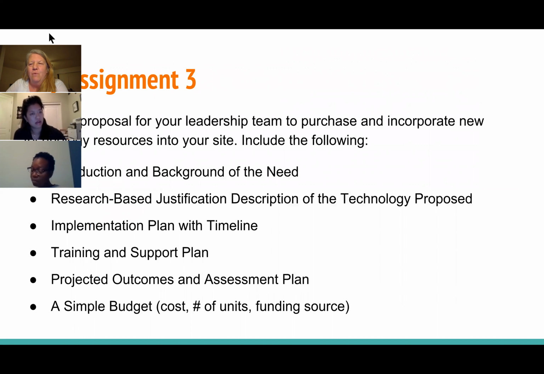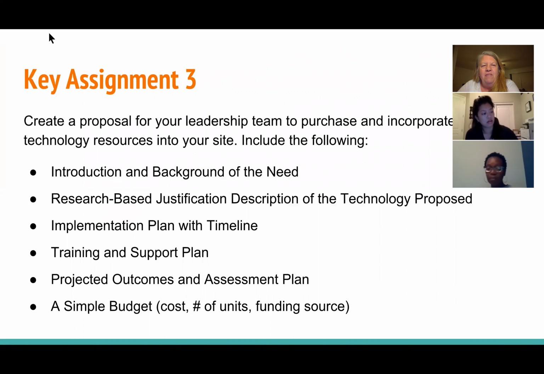Okay, assignment. I wanted to go over real quick key assignment number 3, which is not coming up for another 2.5 weeks. What you're supposed to do is create a proposal to your school or your leadership team to incorporate some type of technology into your site.